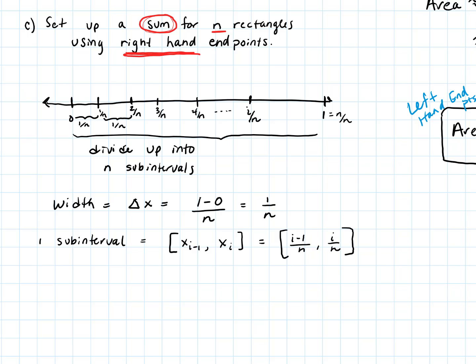So the ith subinterval is x sub i minus 1, x sub i, and in terms of this particular function from 0 to 1 that we're looking at, that's going to be i minus 1 over n and i over n. Now remember, we're going to use those right-hand endpoints to come up with the heights of each of our rectangles.